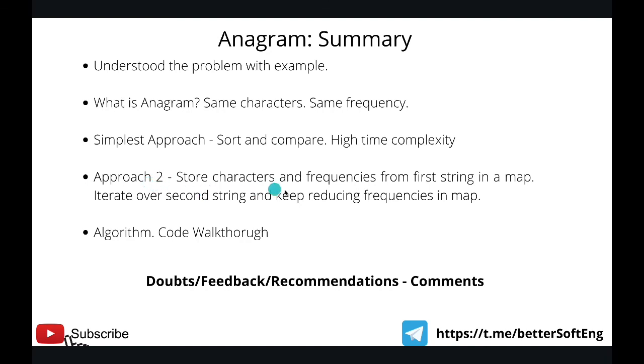We stored these characters and frequencies from the first string in a map. This is also a very common approach that will be used in multiple problems. Once we had this map, we iterated over the second string, and for every character that we encountered, we kept reducing the frequency from this map. We wrote the algorithm for it and then did a code walkthrough for this.